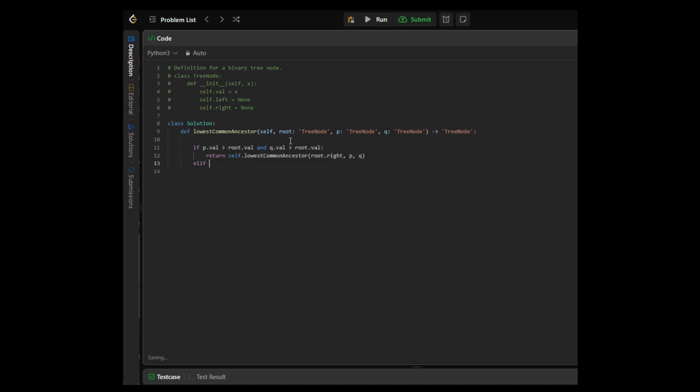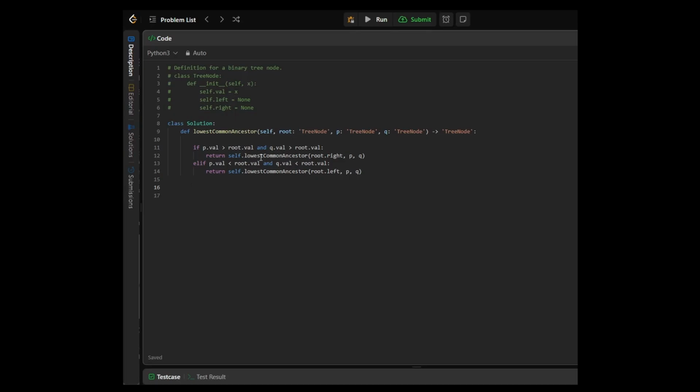Similarly, I can say that if the value of P is less than root dot value and the value of Q is also less than root dot value, then the solution exists on the left side of the tree. So I can return the function recursively for the left subtree.